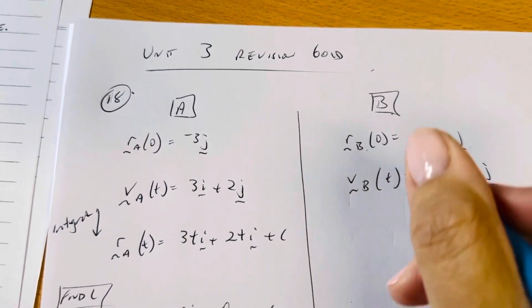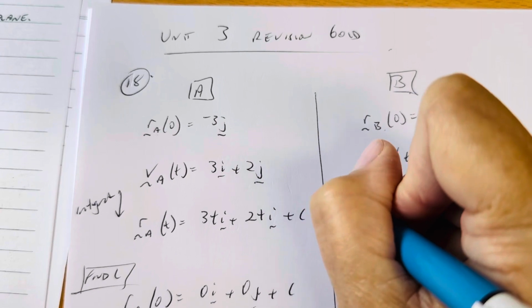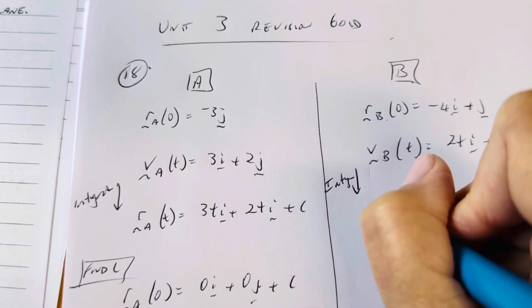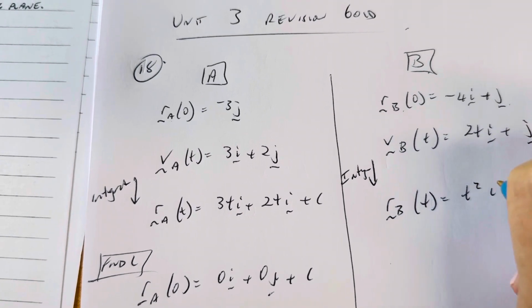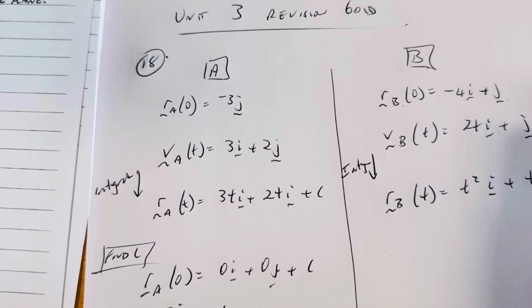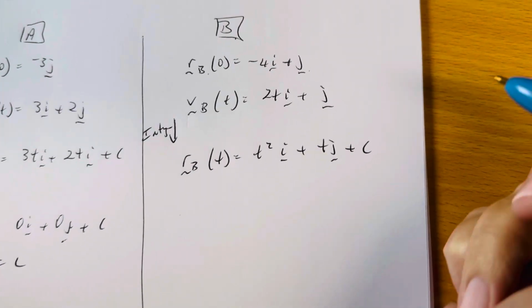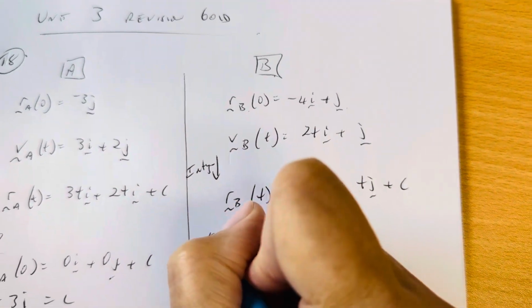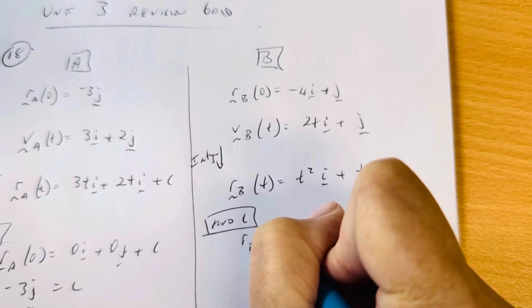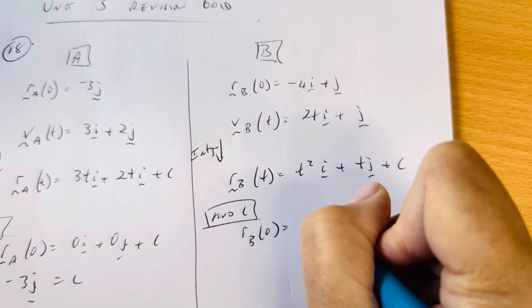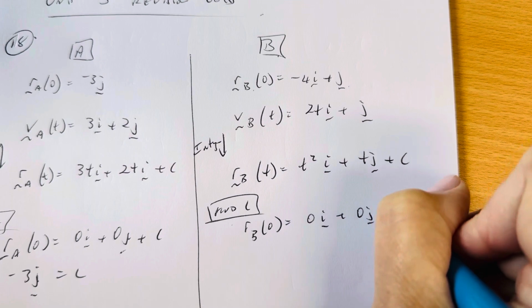Over here on particle B, the same thing. I'm going to integrate to give me RB. So that's going to be t squared i plus tj plus c. Now I'm going to have to find c. RB0 is going to be 0i plus 0j plus c.